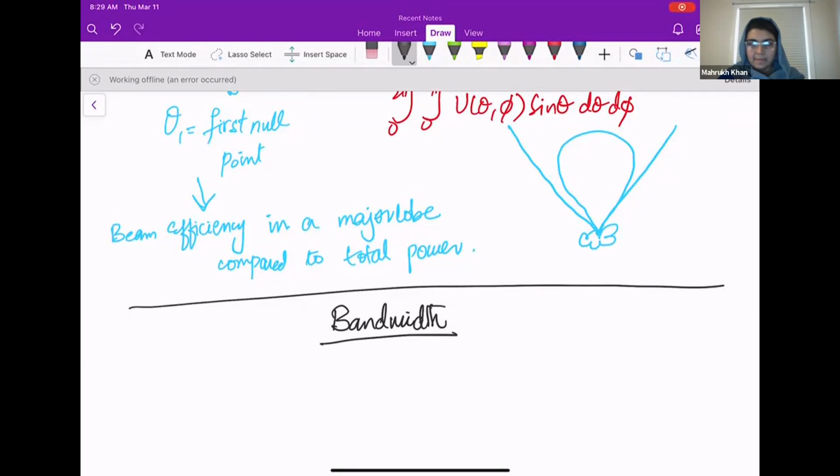Yes, yes. So right now we know that there are many parameters we have defined as an antenna's characteristics, right? So there is gain, directivity, radiation pattern, and I actually defined reflection coefficient, VSWR. So there are many parameters. So bandwidth of anything is that if we say a certain parameter behaves within a certain threshold for this range of frequency, right? So that will be the bandwidth of that parameter.